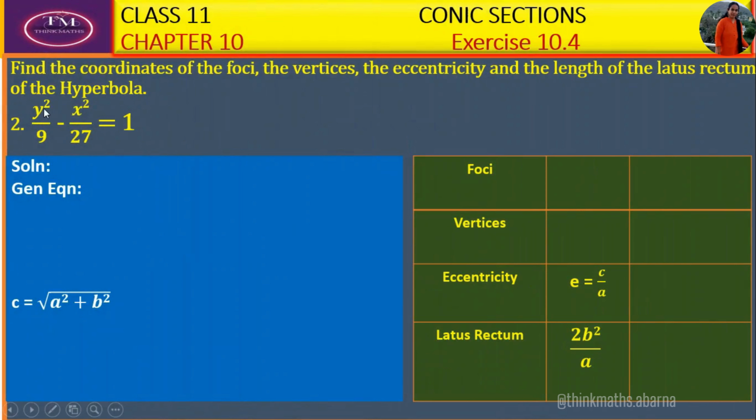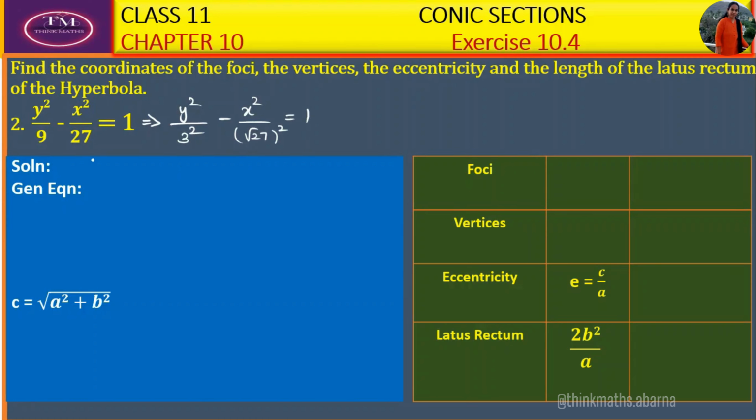So the second one is y square by 9 minus x square by 27 equal to 1. Okay, so this is the equation. This equation is of the form y square by 3 square, 3 square is 9, minus x square by, here 27 is not a perfect square, so we can write root 27 whole square, equal to 1.